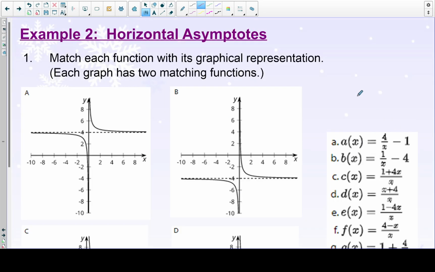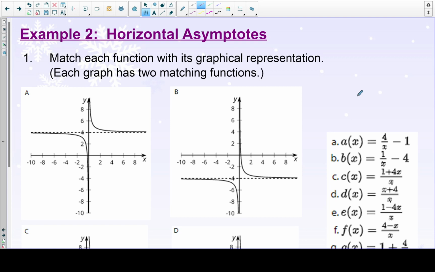So now let's try matching some of these graphs up. Armed with just a definition, we might need to see what other information we can use in order to piece these together. But again, I want you to keep in mind a couple things. The biggest important piece to determining horizontal asymptotes is what's going to happen with big numbers.